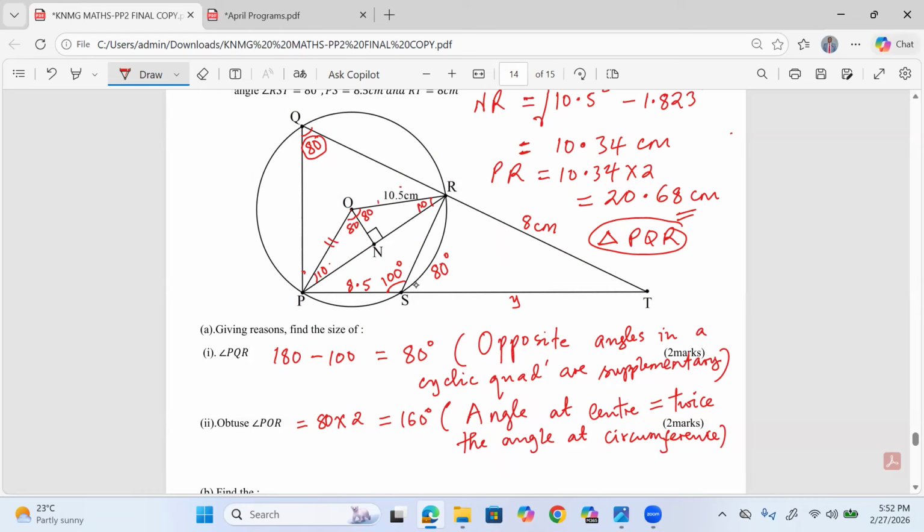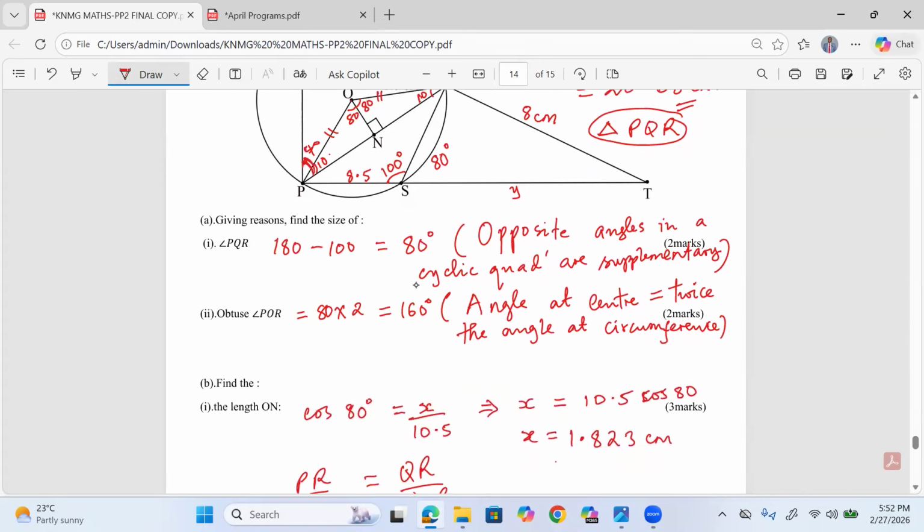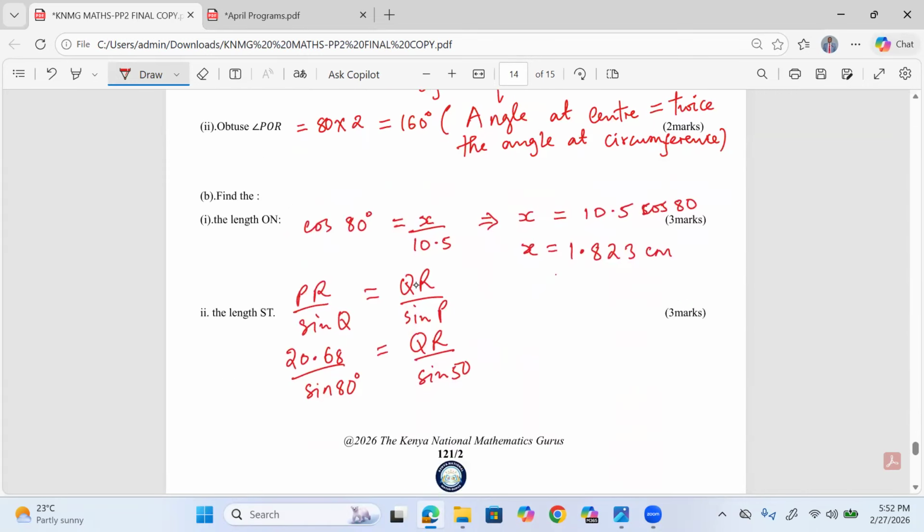These are two radii, so the angles there are equal. We take 180 minus 100, which is 80, divided by 2, we get 40. So this is 40, and this is 40. I wanted to show you where 50 is coming from. The whole of this angle at Q is 50, because of 40 and 10.